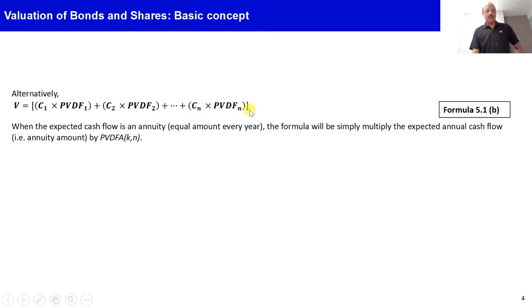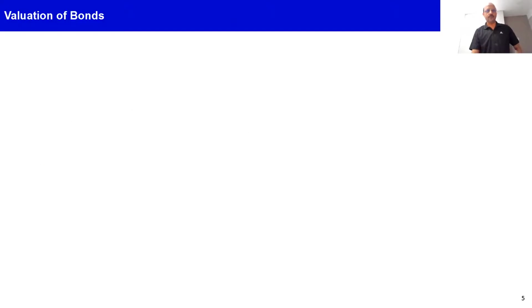When the cash flow is an equal amount received over the period of holding at regular intervals, that's called an annuity. So when there is an annuity, we can convert this formula into V equals C times PVDFA for k, n. PVDFA is the present value discounting factor for annuity, which I have explained in detail in another video on time value of money. You can refer to that video for how to calculate it.